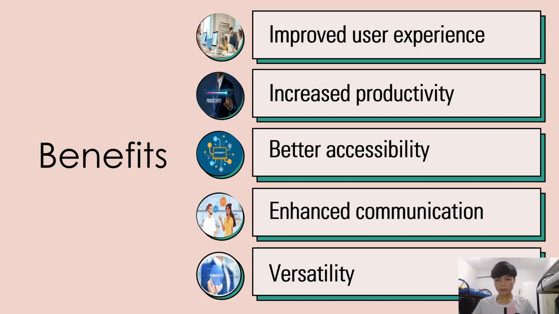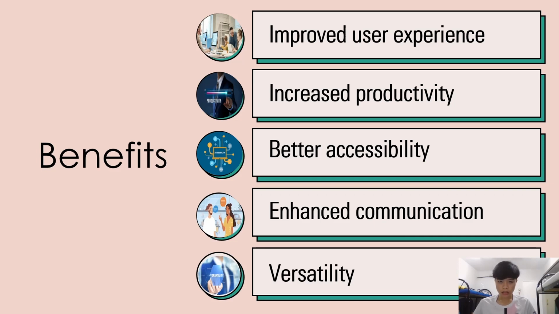Third, better accessibility. Input and output devices can provide greater accessibility for users with disabilities. For example, voice recognition software can help users who have difficulty typing or using a mouse. And then we have enhanced communication.